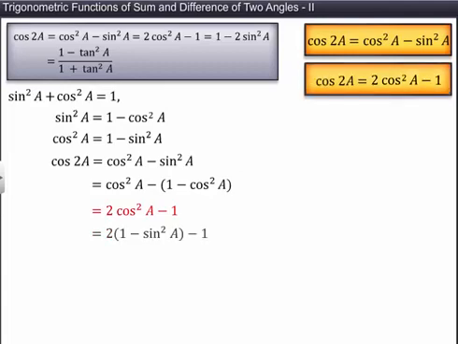Now, substituting cos square A is equal to 1 minus sine square A, we get 1 minus 2 sine square A.